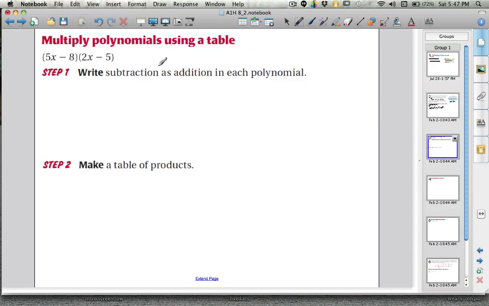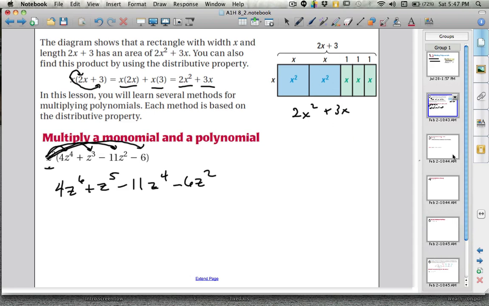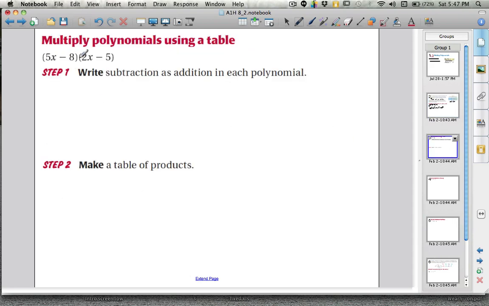Okay, so we can do this using a table, which is very similar to this example here. And if I wanted to go ahead and create a table, I'm going to take these terms, 5x and negative 8. Oh, I'm sorry, the book is asking me to go ahead and write things as subtraction.